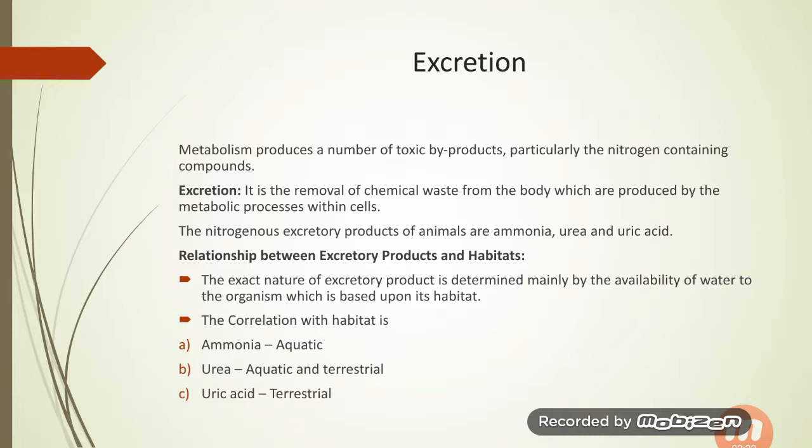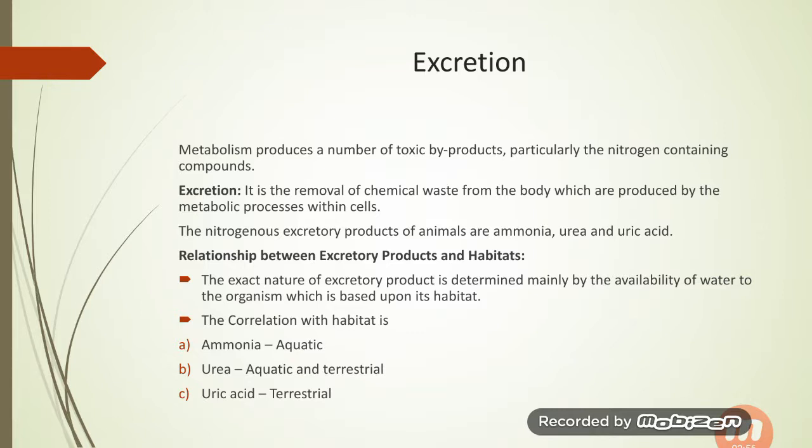Now we will see what is the relationship between excretory products and the habitats of different animals which excrete ammonia, urea and uric acid. The exact nature of the excretory product is determined mainly by the availability of water. So the production of ammonia, urea and uric acid basically depends upon how much water is available in that particular environment.